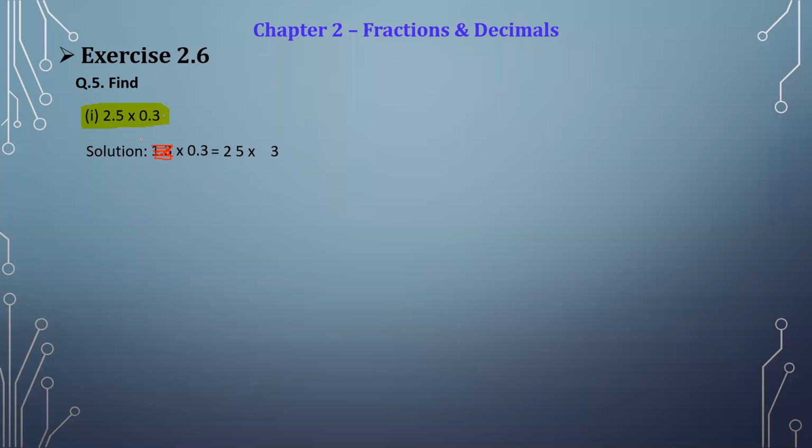The first number is 2.5. If we remove that decimal point, we get 25. That means we now get a whole number, which is 25. Then from 0.3, again we remove that decimal point as well as the 0.